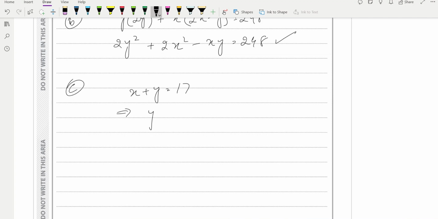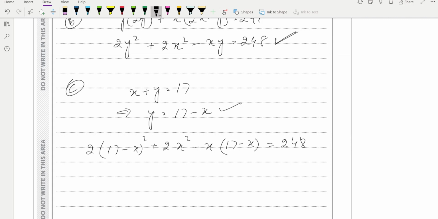This implies y is equal to 17 minus x, and this value we will be replacing in this B part. This will be 2 into 17 minus x squared plus 2x squared minus x into 17 minus x; we need it in terms of x, so we are replacing y with 17 minus x.